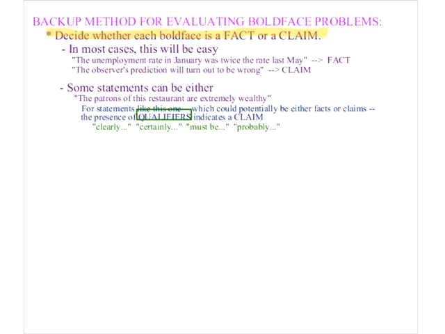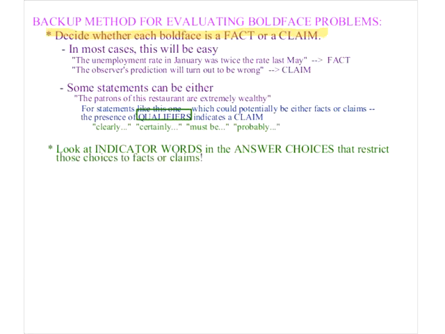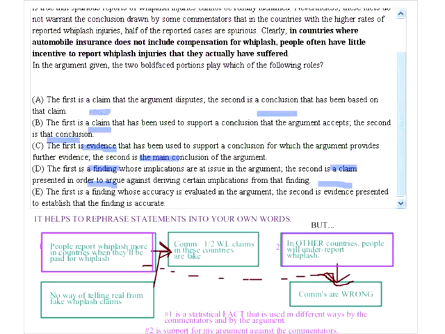But once you do that, look at indicator words in the answer choices that restrict those choices to facts or claims. For instance, one restriction we've already seen is that if you say evidence, evidence has to be fact.